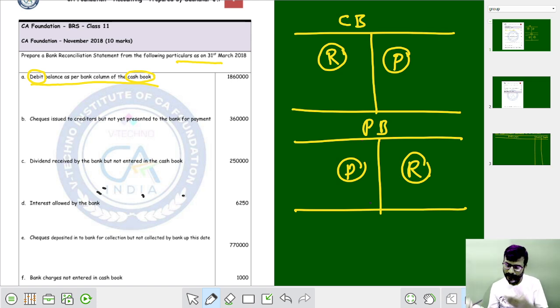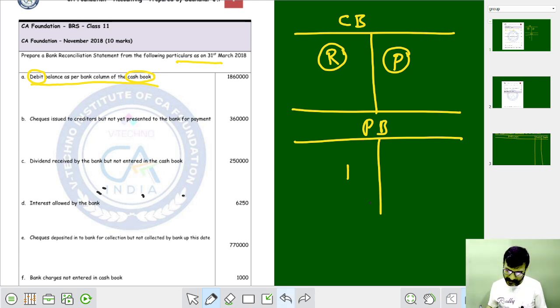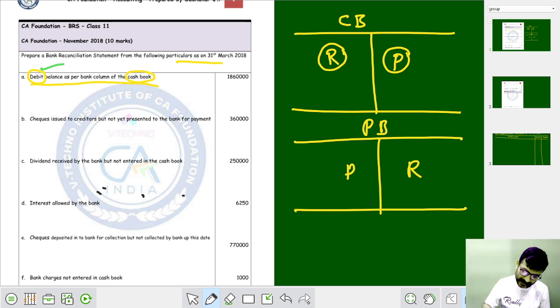Fine. As far as the first transaction is concerned, what they are telling is there is a debit balance. In which book? There is a debit balance in the cash book. We have to take it on the same side as far as the first transaction is concerned.